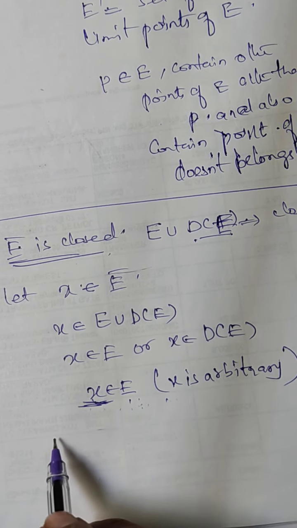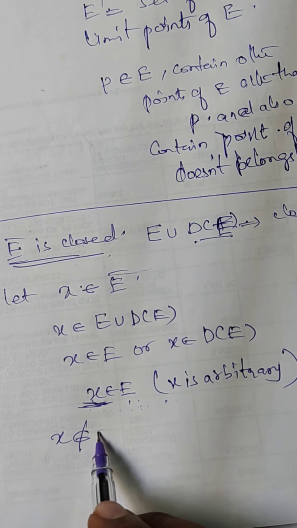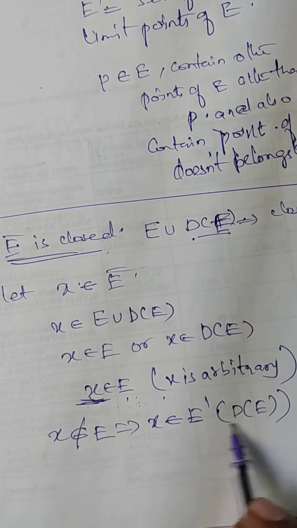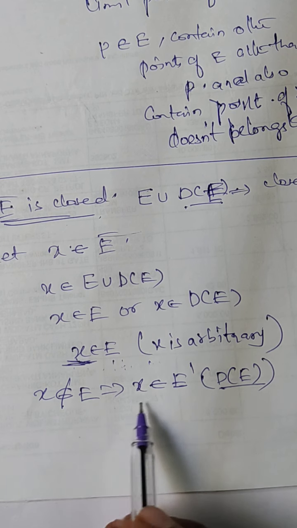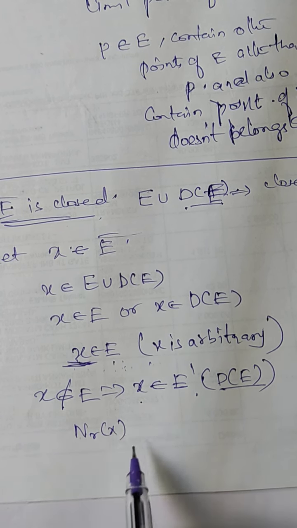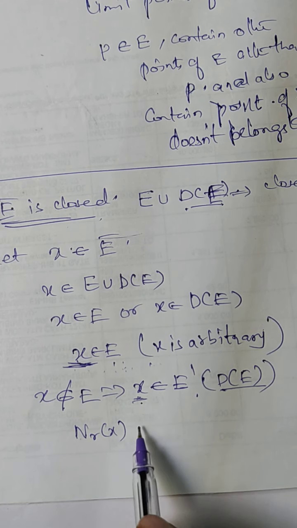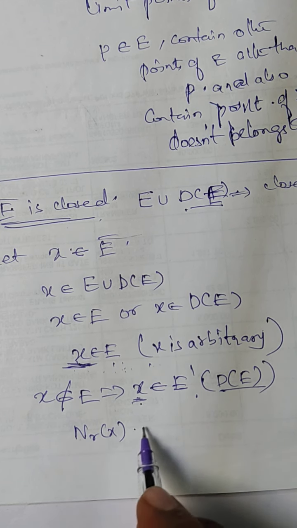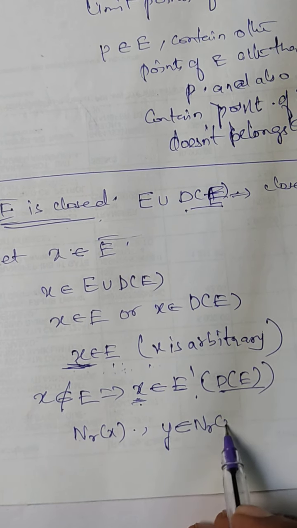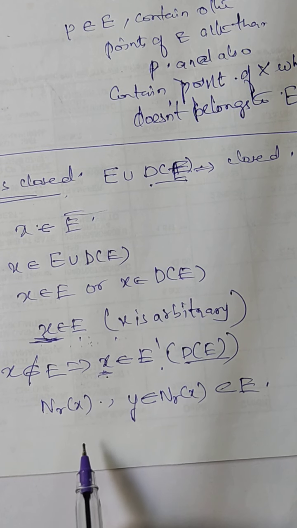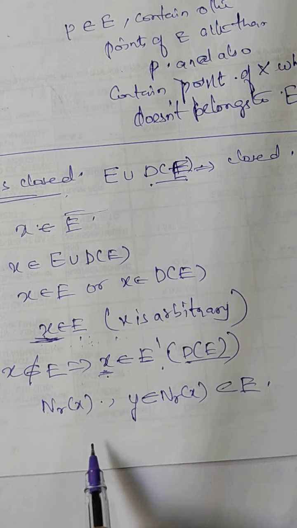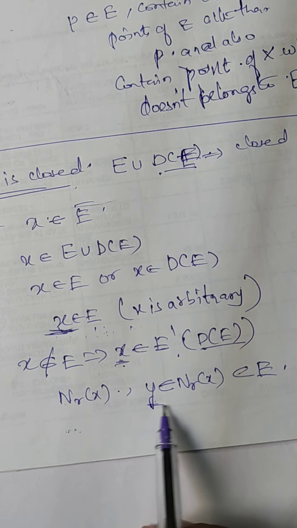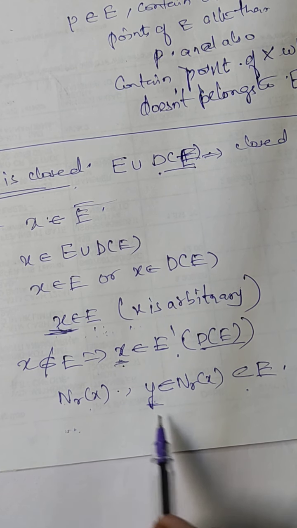If X does not belong to E, that implies X belongs to E dash, the set of all limit points, that is the derived set of E. Now if X belongs to E dash and we consider a neighborhood N_r(X), that neighborhood will contain another point Y different from X that belongs to N_r(X) and is a subset of E. By the definition, every neighborhood of X contains a point Y of E other than X, that implies X is a limit point.